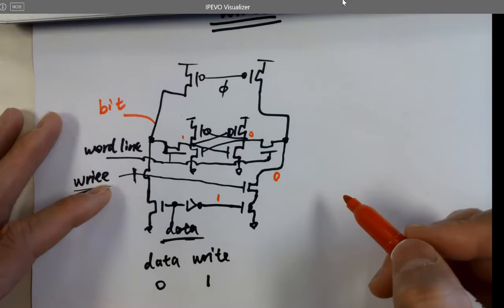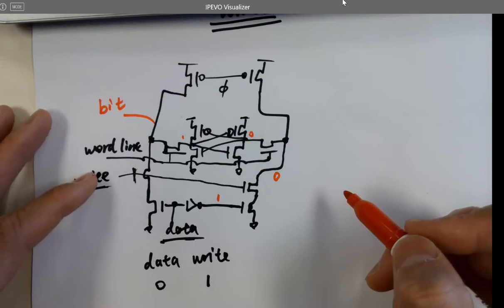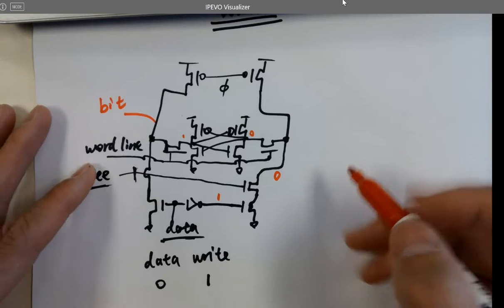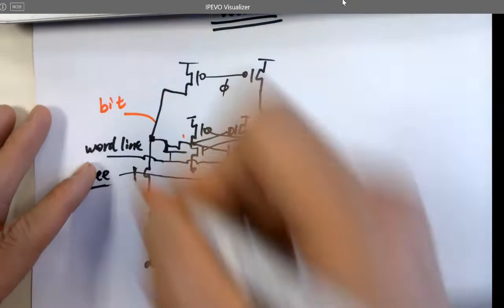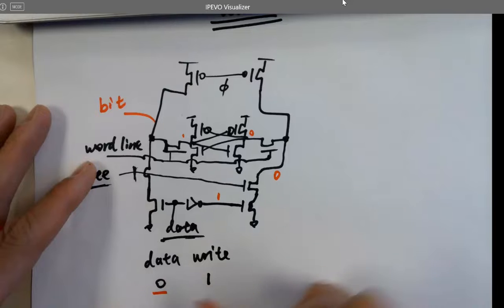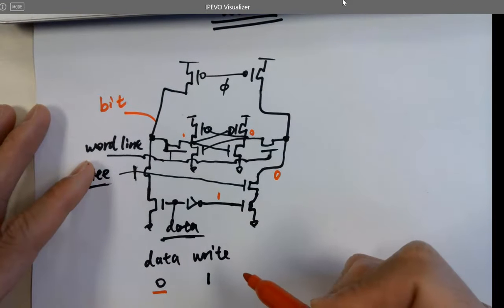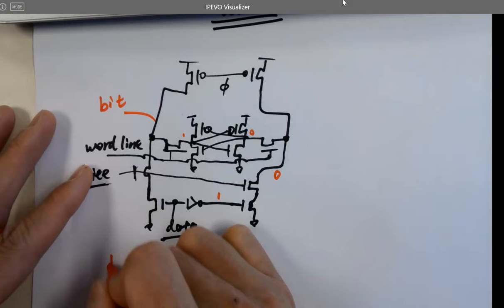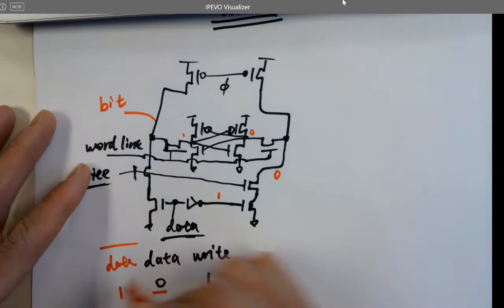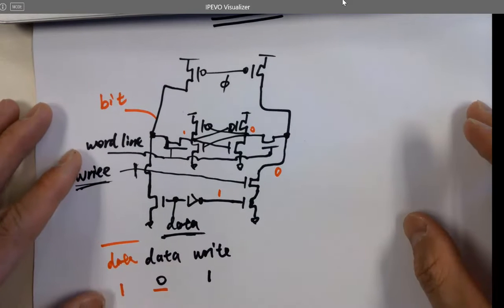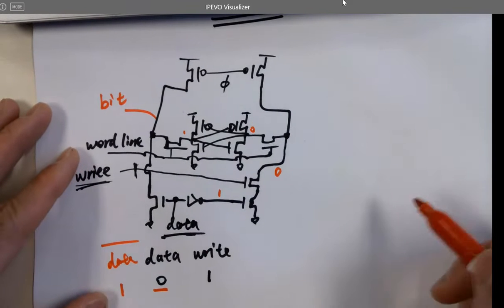It's not changing anything, right? So it's writing a 1 to bit. Data 0, but you are writing a 1. You just need to invert data, right? Data bar is 1, so you are writing a 1. Just invert it.